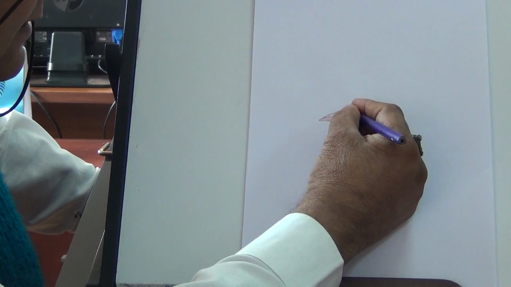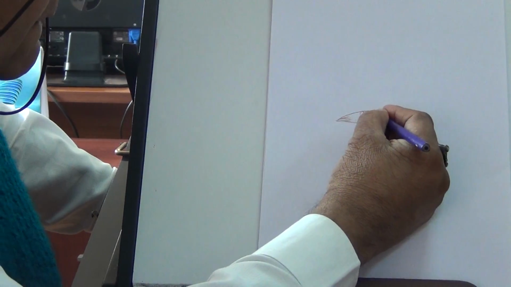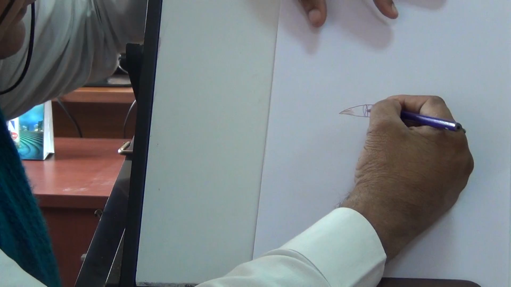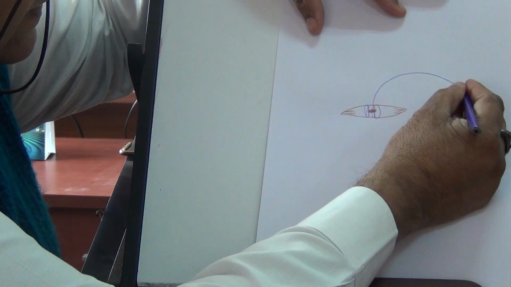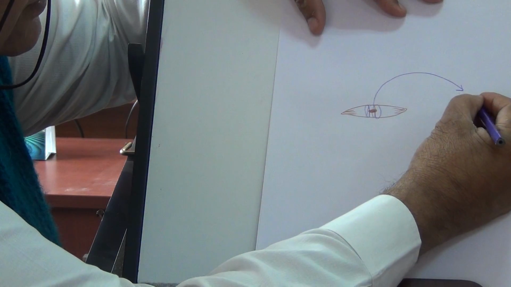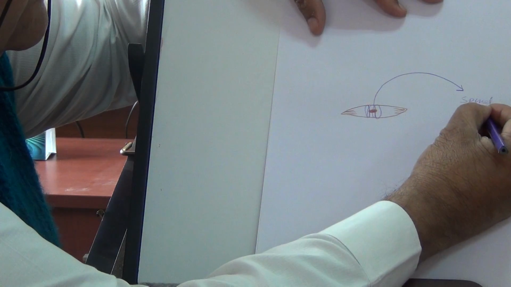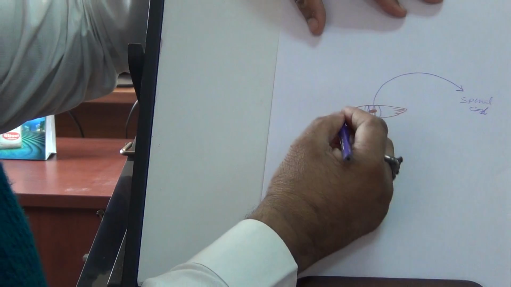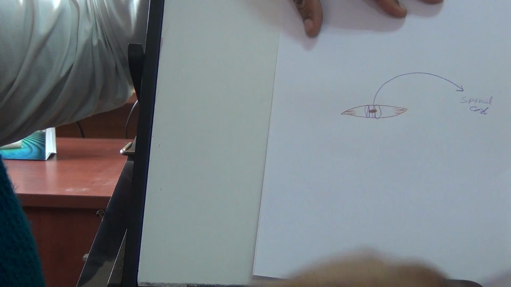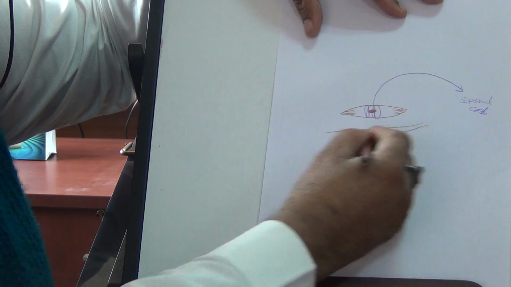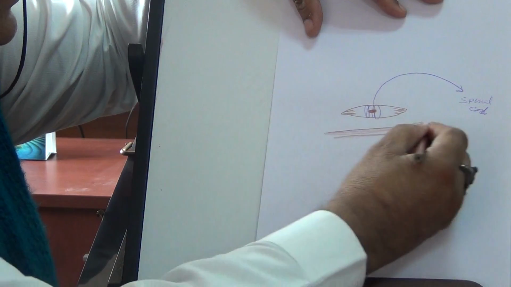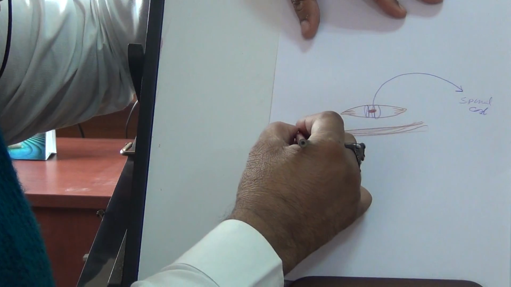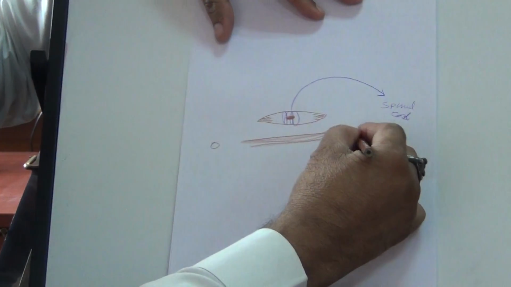In the center of it, it has an annulospiral ring. This annulospiral ring goes into the spinal cord. Then there are extrafusal fibers which basically connect the origin and the insertion.